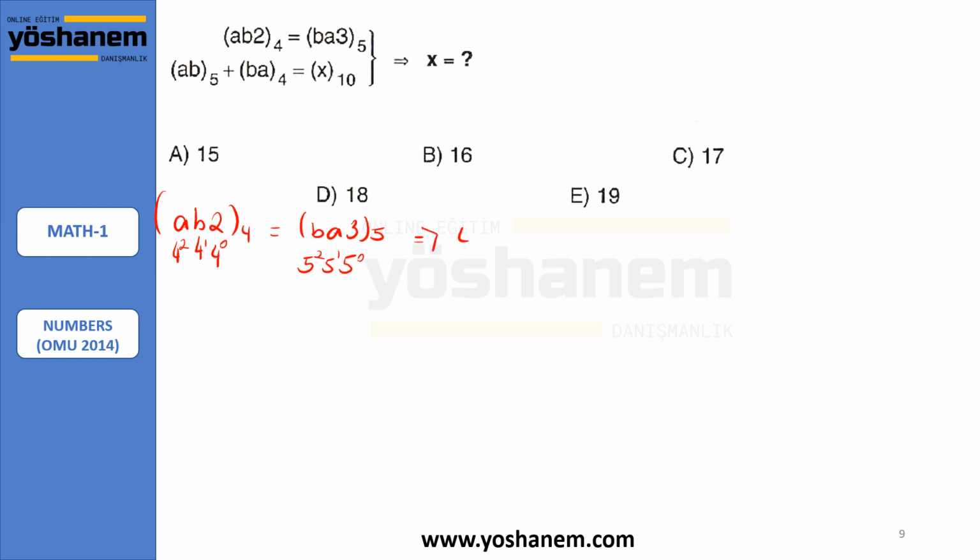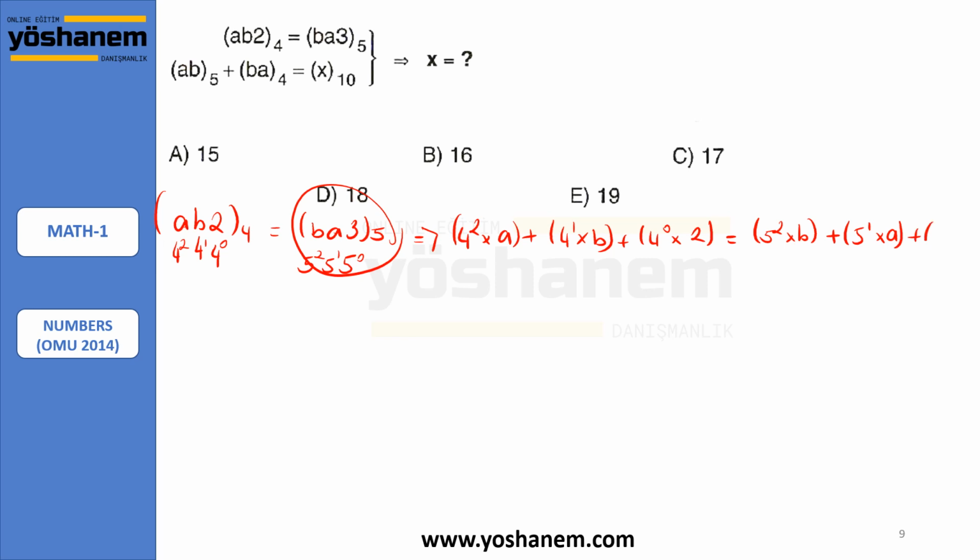So 4 squared times a plus 4 to the first power times b plus 4 to the 0 power times 2 equals, and now this part, 5 squared times b plus 5 to the first power times a plus 5 to the 0 power times 3.